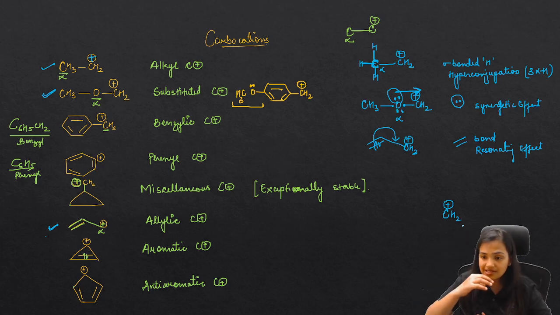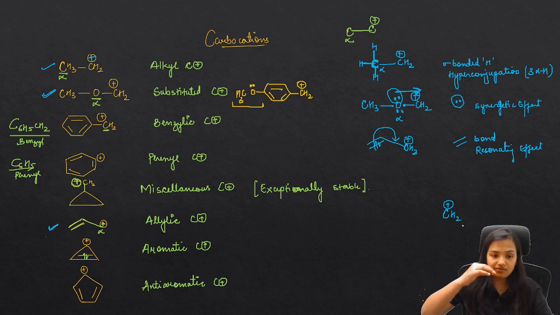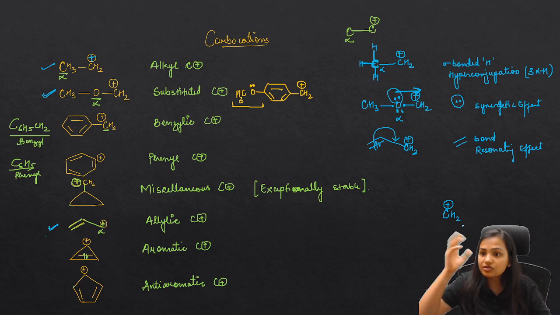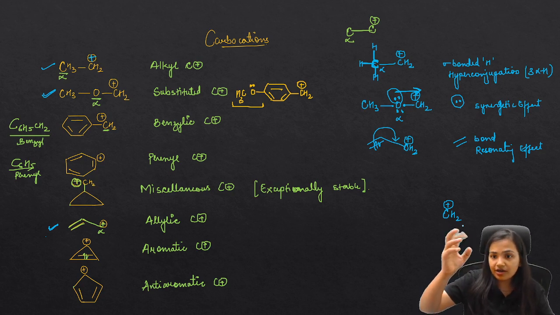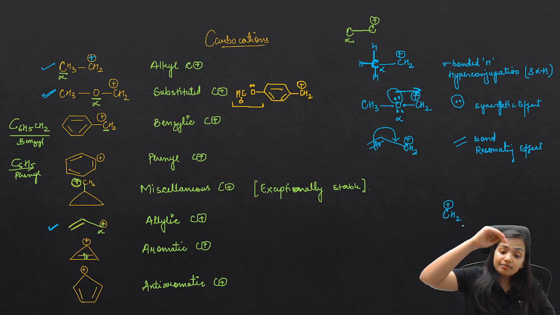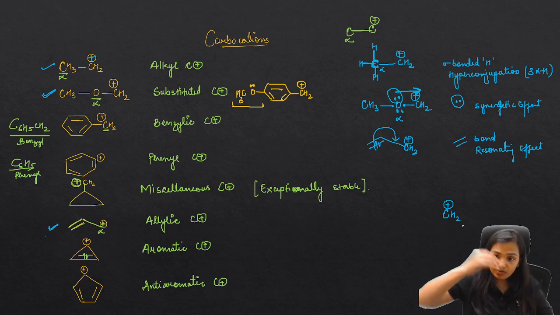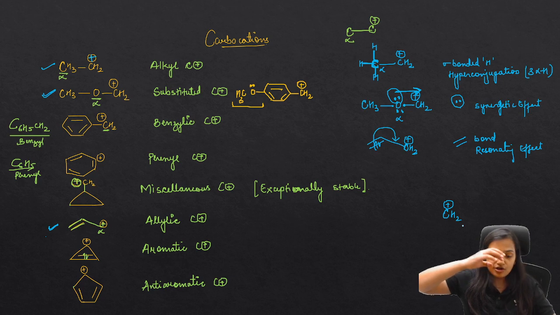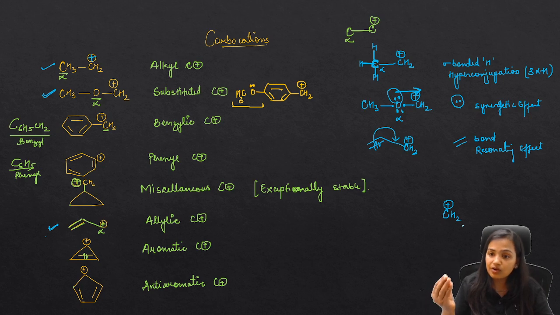The carbocation is saying that I am deficient, it is begging for the electron, and the other groups, whether the sigma bonded hydrogen or the lone pair or the pi bond, they are behaving like a donor. So whenever there is a relationship of begging and donating, you always know that a beggar keeps his or her hand downwards and a donor always has its hands upwards, right?